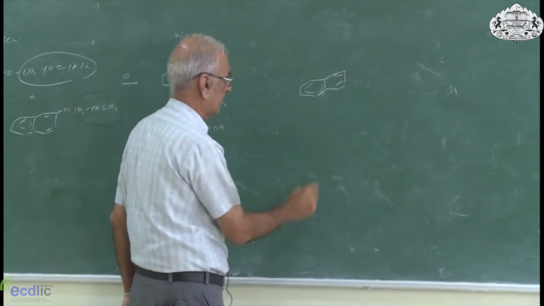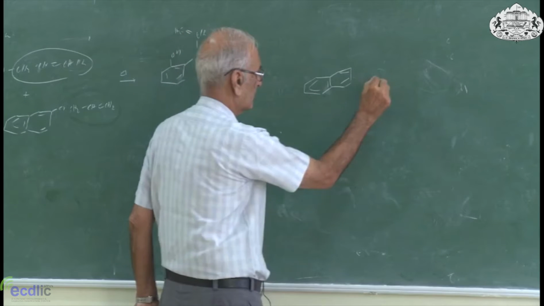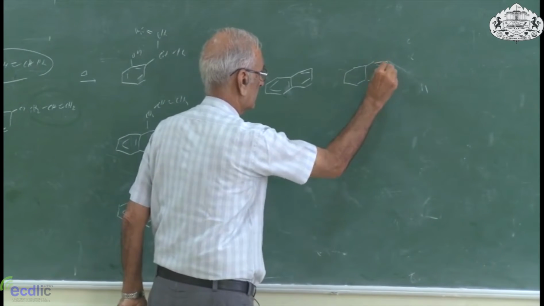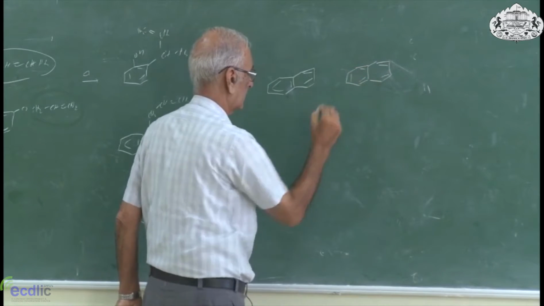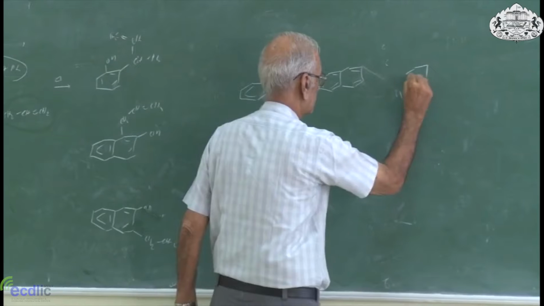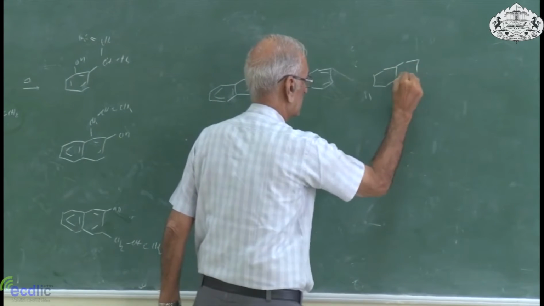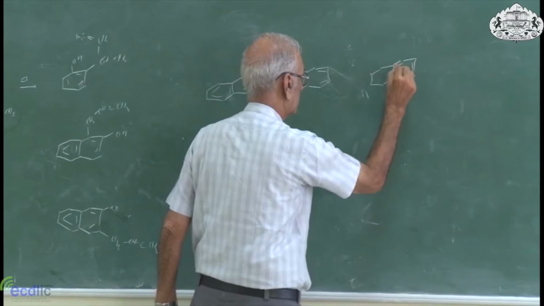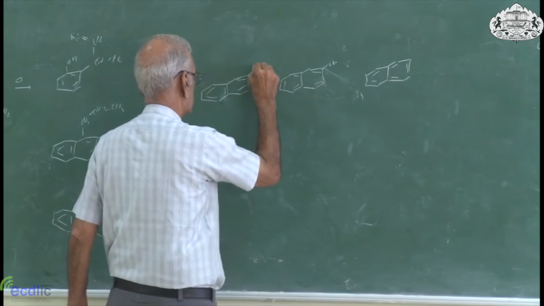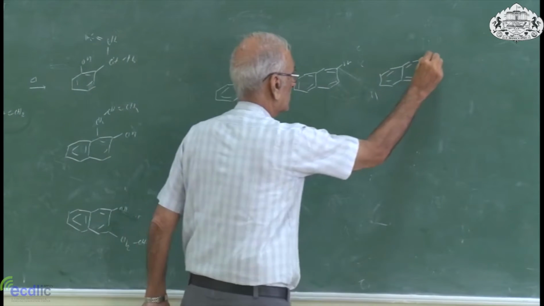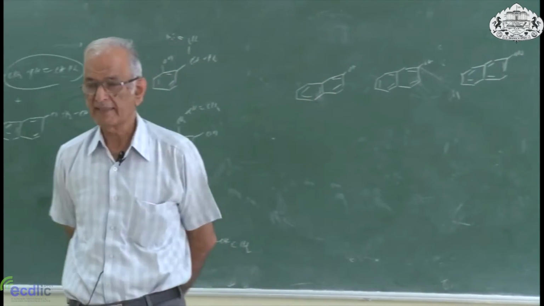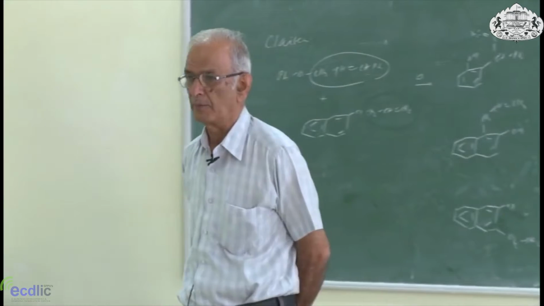If I write naphthalene, that's one resonance form. That's the second resonance form. So there are three possible resonance forms.